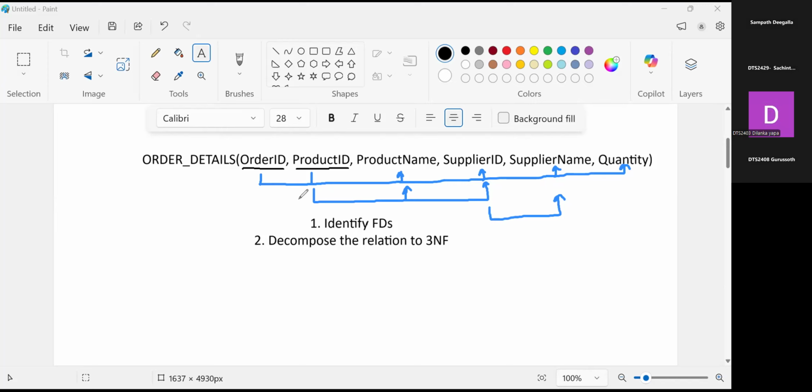But because of this, we have partial dependency. Therefore, the relation is not in second normal form. So you have to break this one first. So how do you break this?